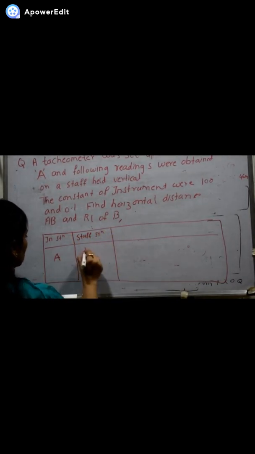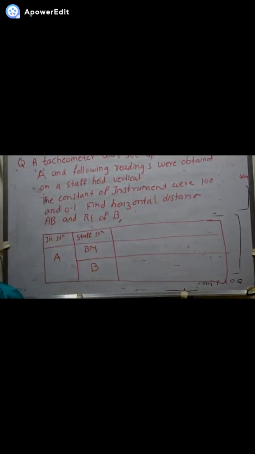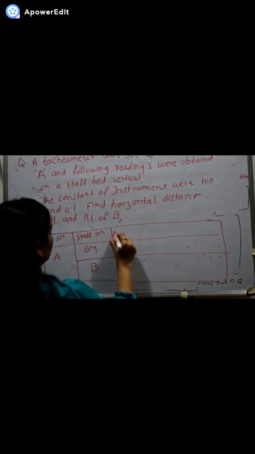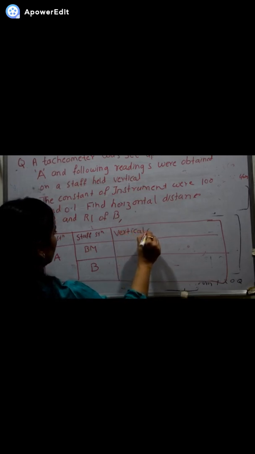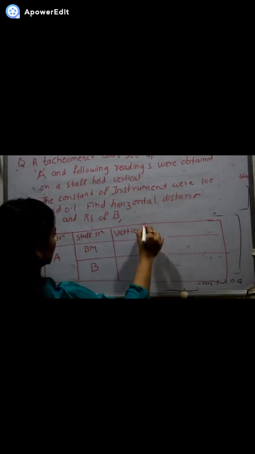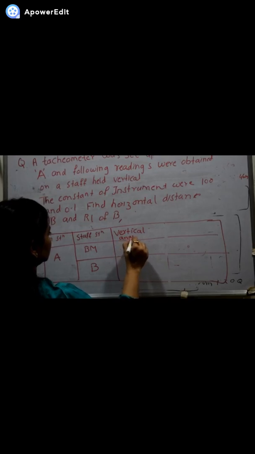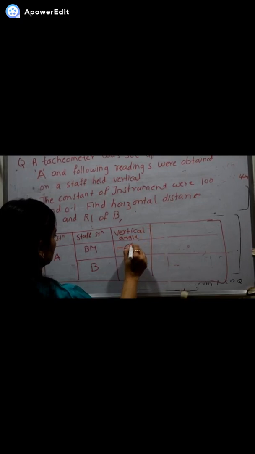One station is noted by the abbreviation BM and the other station is noted by B. After that they have given the vertical angle, and both angles are depression because the sign which they have shown is negative.